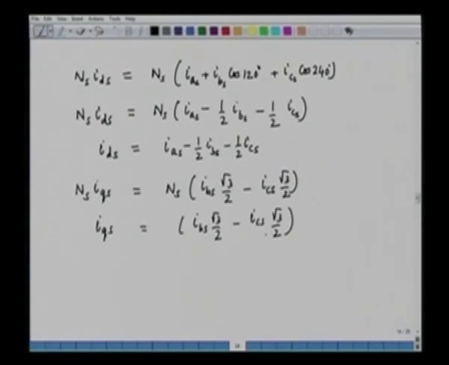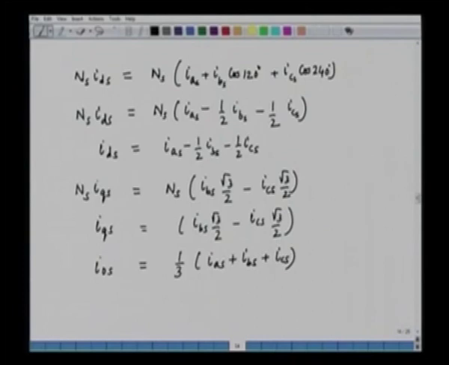So this is actually the stator transformation. It means we are able to transform the currents ABC into the DQ currents of the DQ machine. In addition to the DQ components, we can sometimes also have the zero sequence component IOS, and that is equal to 1/3 of IAS plus IBS plus ICS.